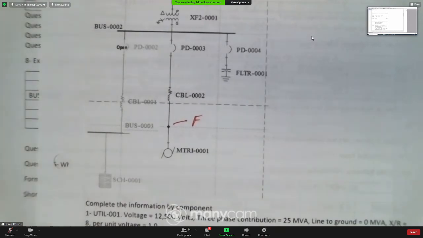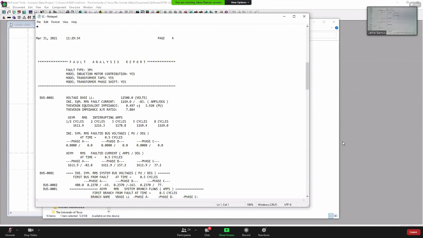So the motor contribution is taken into account, the transformer, the phase, etc. Then we have bus 01, and there are a lot of values: the Thevenin equivalent voltage, the Thevenin impedance, the initial symmetric RMS fault current. Remember when we talked in chapter 6 about symmetric and asymmetric.